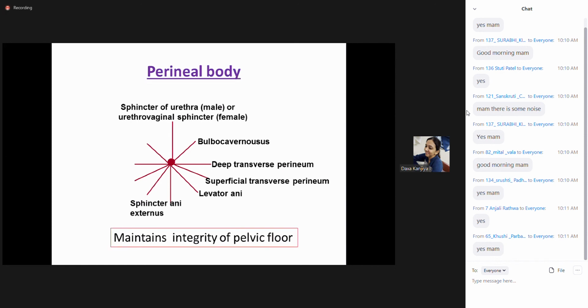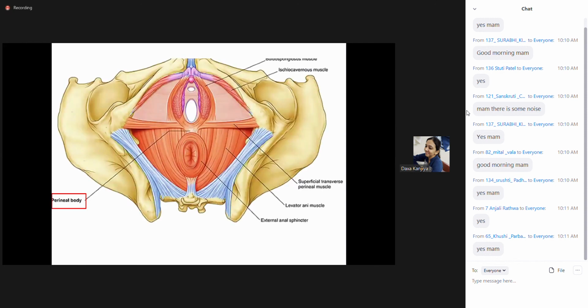So these muscles maintain the integrity of the pelvic floor. Here you can see this nodule between the opening of the vagina and anal canal. This nodule is the perineal body, and there are certain muscles from all sides, from the lateral side, from the anterior aspect, from the posterior aspect, that are inserted on the perineal body. From the anterior aspect, there are two bulbocavernosus.